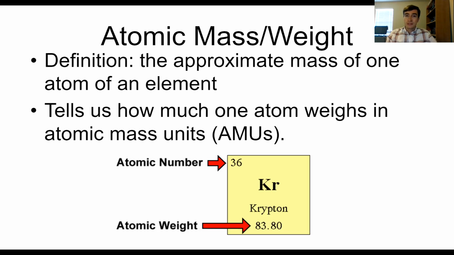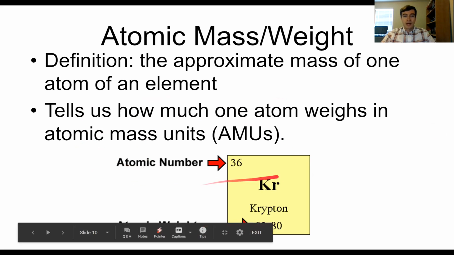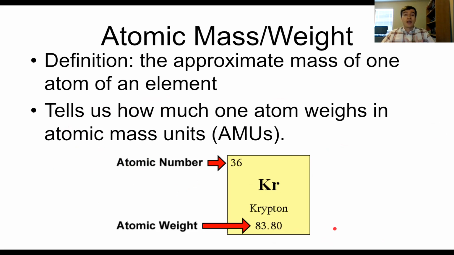What this means is that since we know the proton number, thanks to this atomic number right up here, and since we know the atomic mass, this bigger number down here at the bottom, we can use this to figure out not only how many protons, but also how many neutrons are in one atom of a particular element. And let's break down how that works.